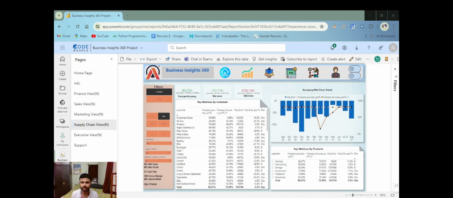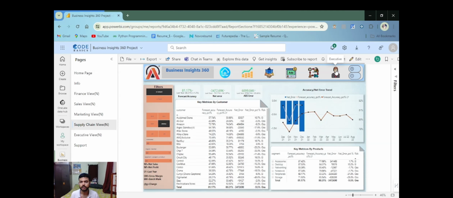Coming to the left-hand side, the key metrics by customer shows the excess inventory or out of stock. And on the right-hand side, below the accuracy or net error trend, the key metrics by products. This shows that accessories have a negative net error because the demand is high. If the net error is negative, it means my forecast quantity is less than the actual sold.